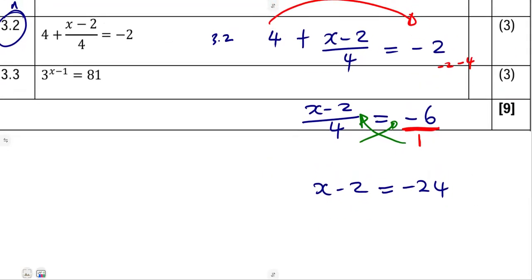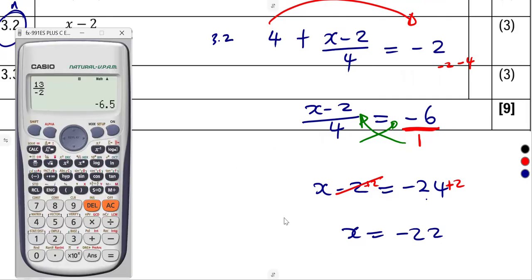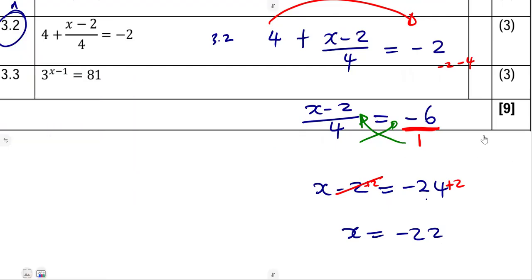Then the minus 2 on the left hand side, we can take it to the other side or simply add 2 so that this can cancel. So x is equal to minus 24 plus 2, which is minus 22. All right, can use your calculator again. Minus 24 plus 2, that's negative 22. Okay, just like that.